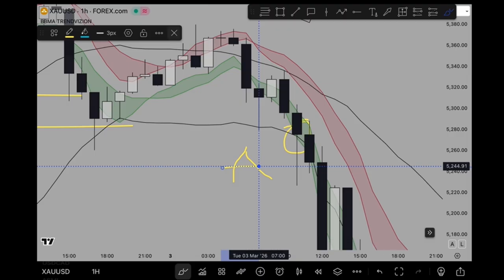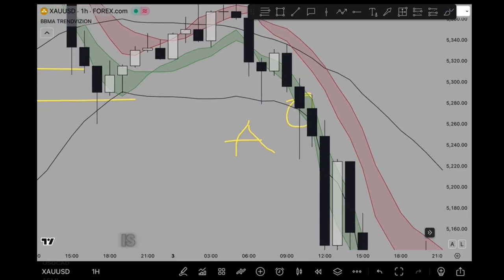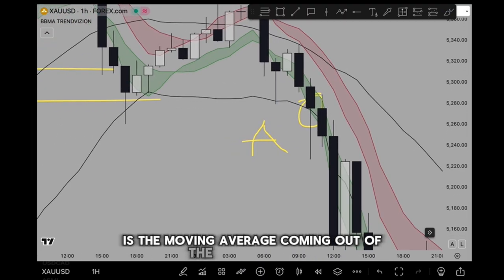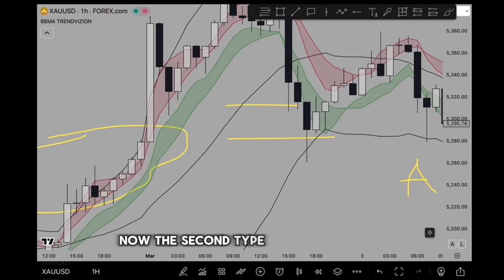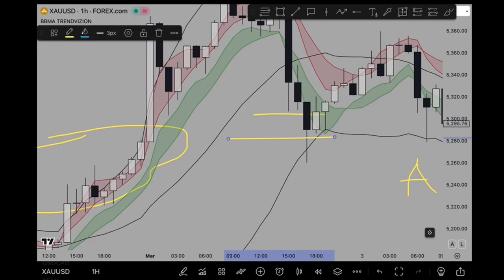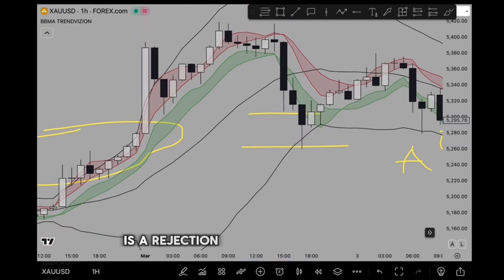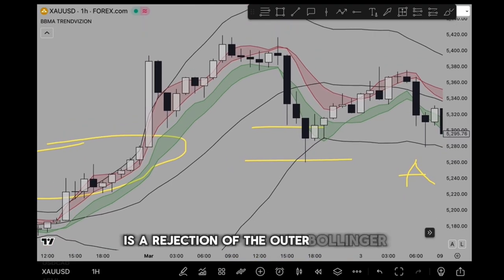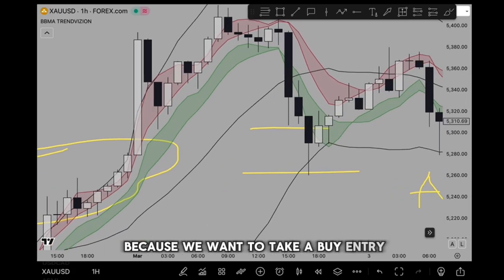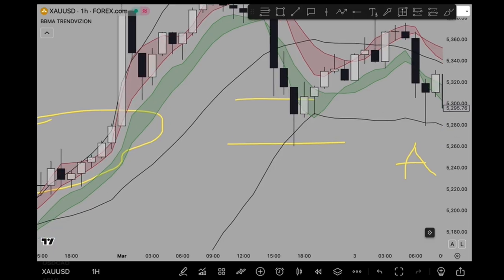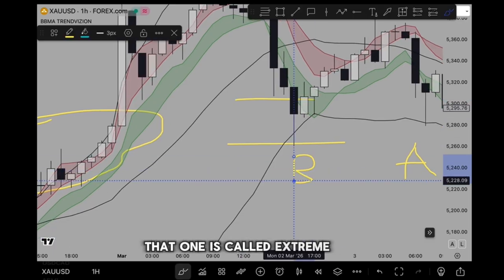Extreme A is the moving average coming out of the Bollinger Band. Now the second type is the one we see here, a rejection of the outer Bollinger Band. So in this case the low Bollinger Band, because we want to take a buy entry. That one is called extreme B.